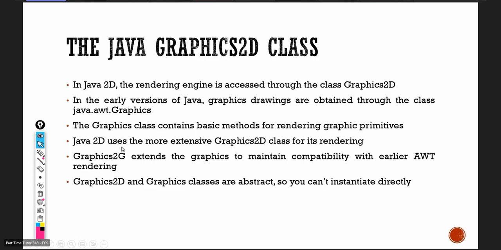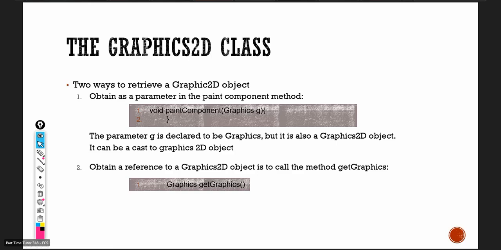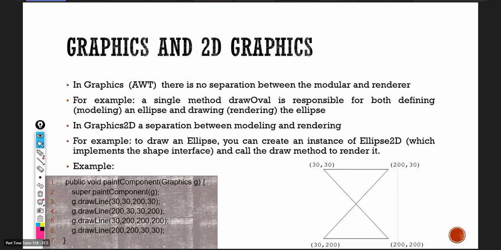Java 2D uses the more extensive Graphics2D class for rendering, and Graphics2D extends Graphics to maintain compatibility with AWT. Graphics2D and Graphics are abstract, so we cannot instantiate them directly. That's why the way to retrieve an object is to use paintComponent. We obtain the Graphics as a parameter of paintComponent, and that's why we put the code in paintComponent.